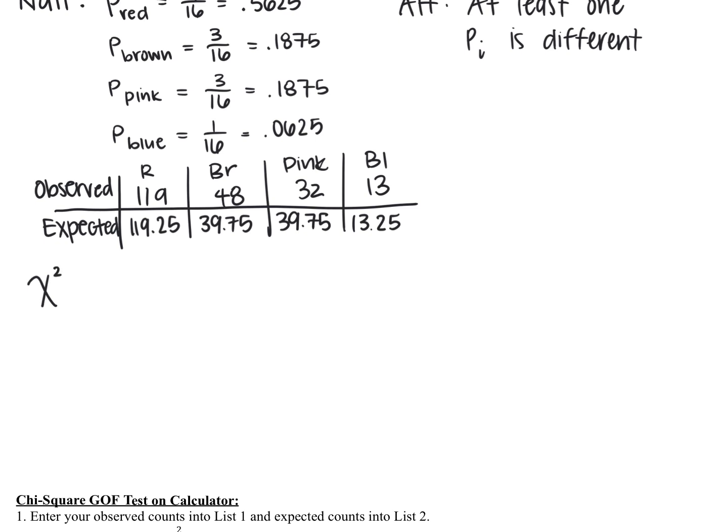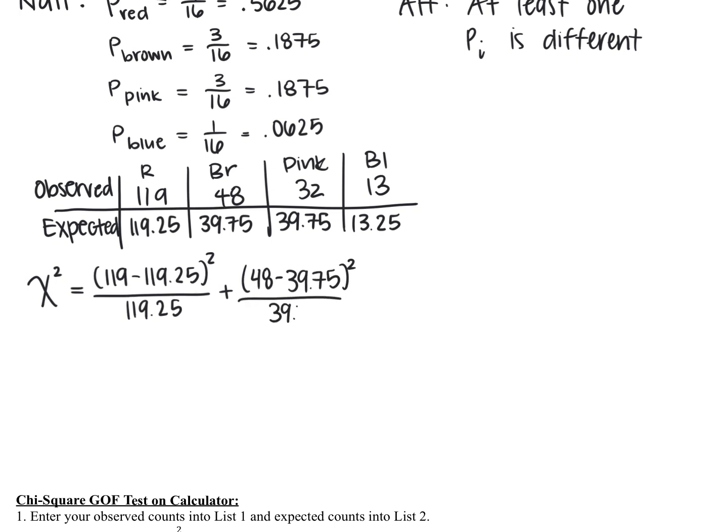So our chi-squared, we're going to do 119 minus 119.25 squared over 119.25 plus 48 minus 39.75 squared over 39.75 plus 32 minus 39.75 squared over 39.75.